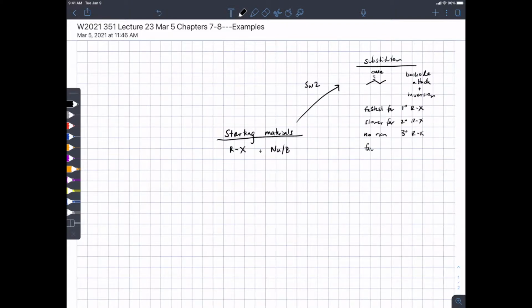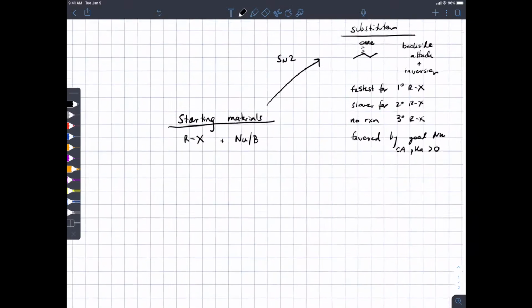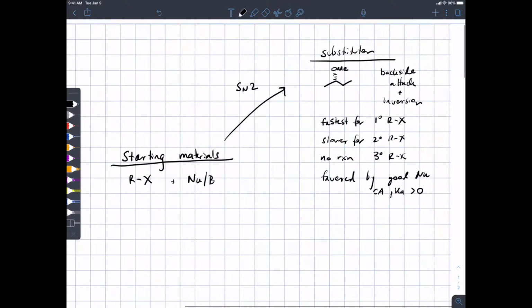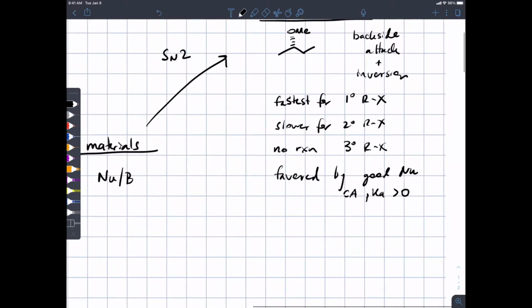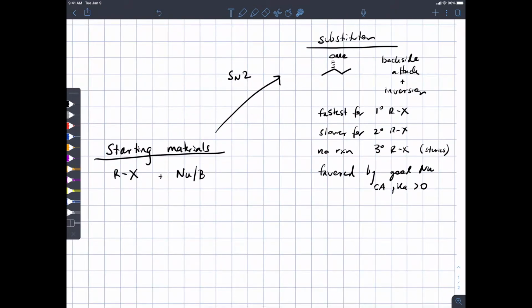And we know that it's favored by good nucleophiles, with conjugate acids whose pKa's are greater than 0. So those are some of the basic principles of the SN2 reaction, and the reason why tertiary alkyl halides don't work is because of sterics.